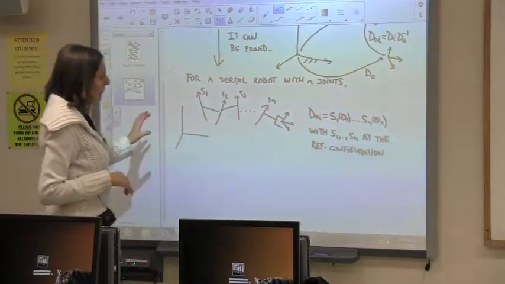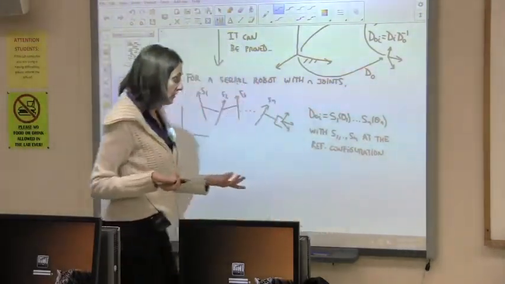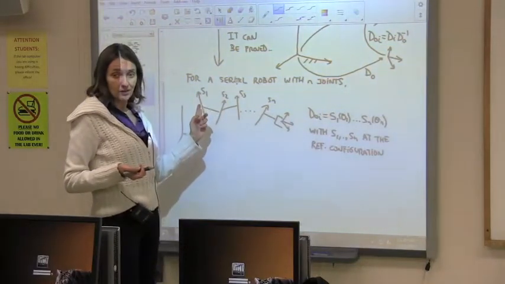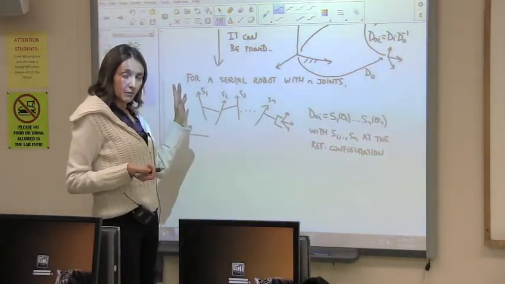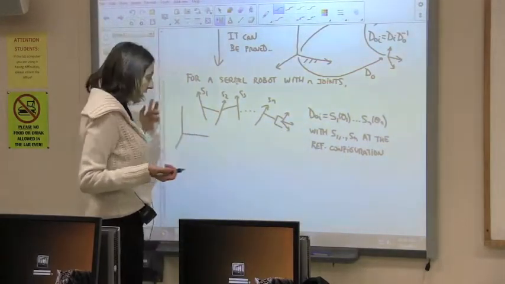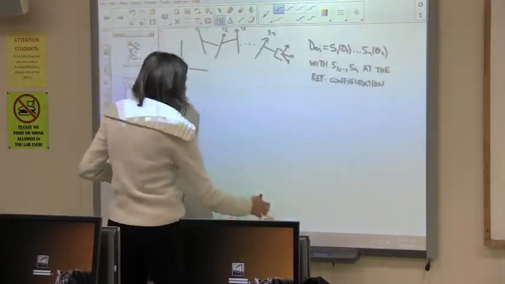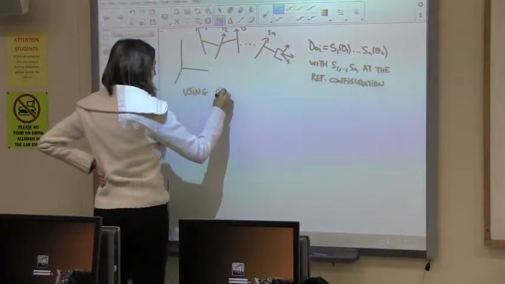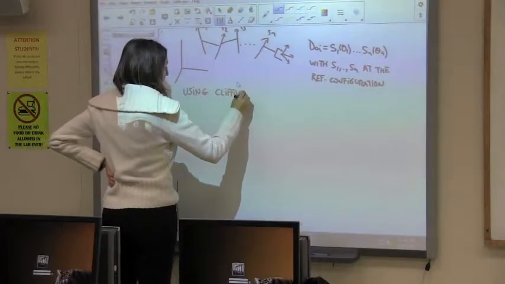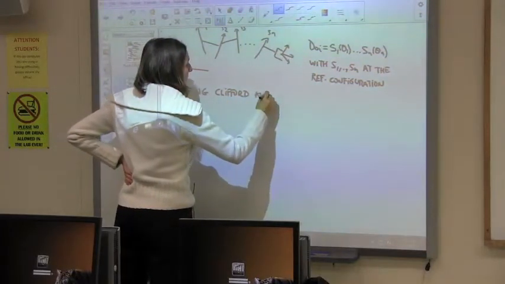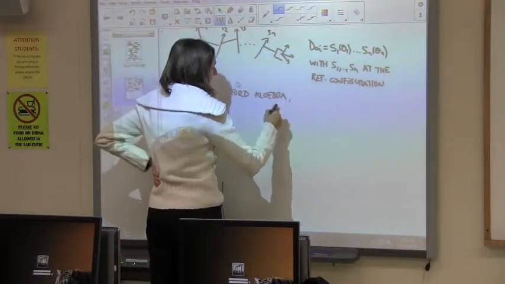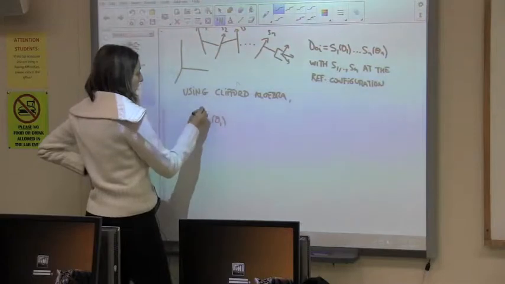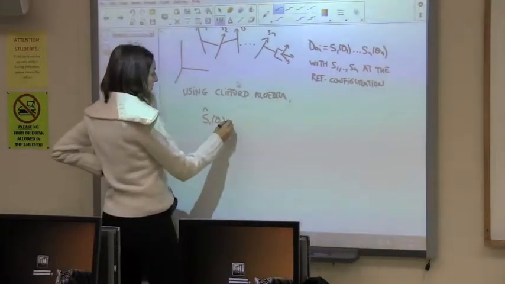And this can be implemented very straightforwardly in dual quaternions, because it's very easy to know the rotation about a joint. You just take the Plucker coordinates and multiply times the cosine and the sine of the angle. So using Clifford algebra, and I should say not just Clifford algebra in general, but our Clifford algebra, S1 of theta 1, and I'm going to put a hat saying I'm using dual quaternions now.